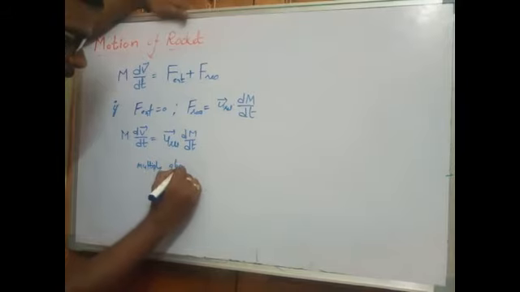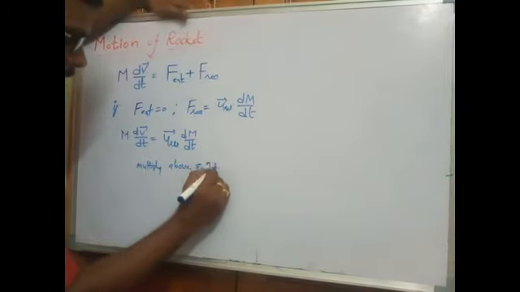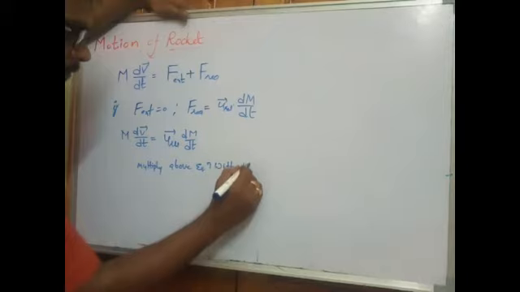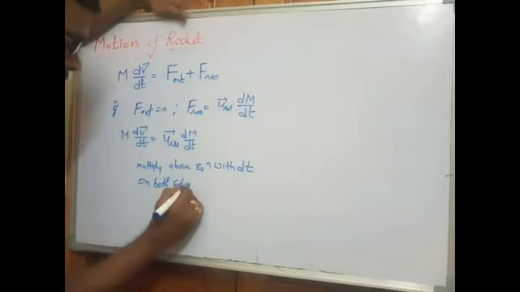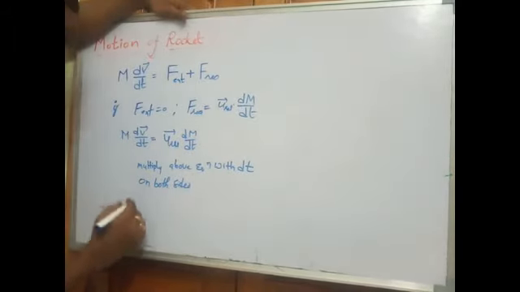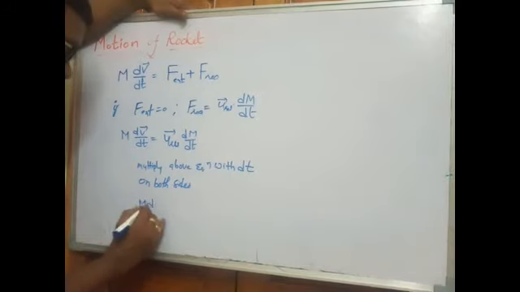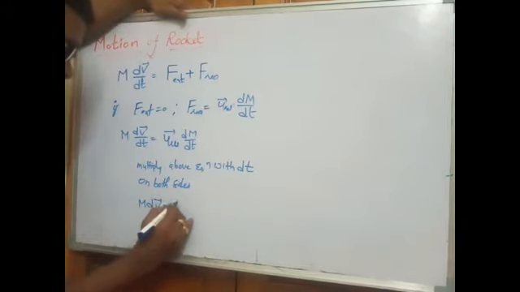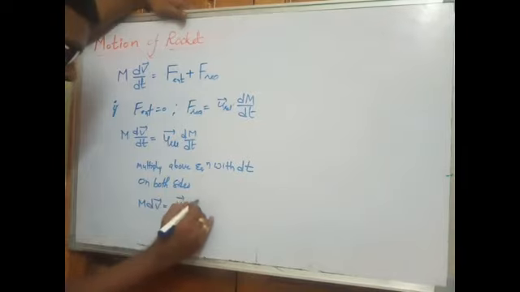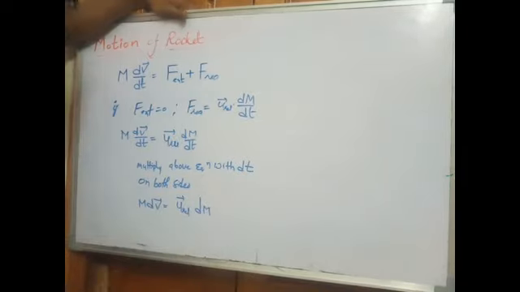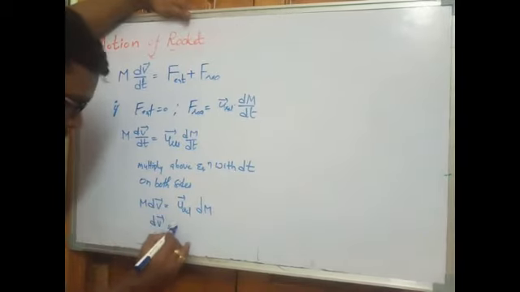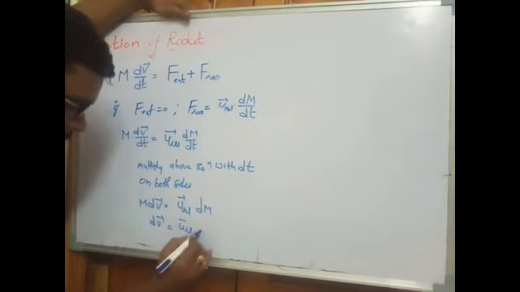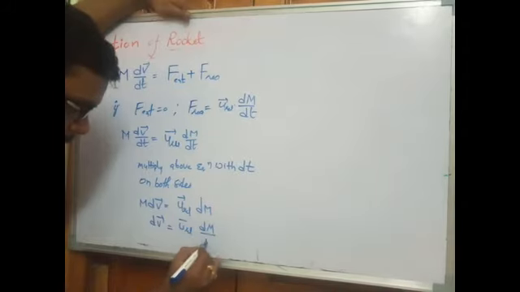Multiply the above equation with dt on both sides. We get m into d v bar equal to u relative velocity into dm. From this, d v bar equals u relative velocity into dm by m.